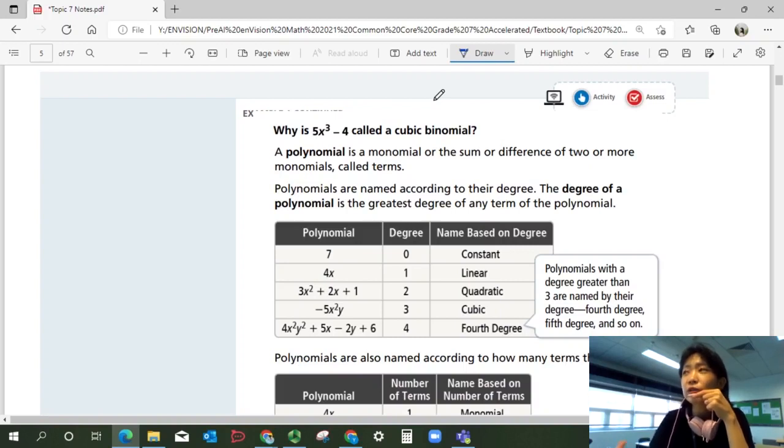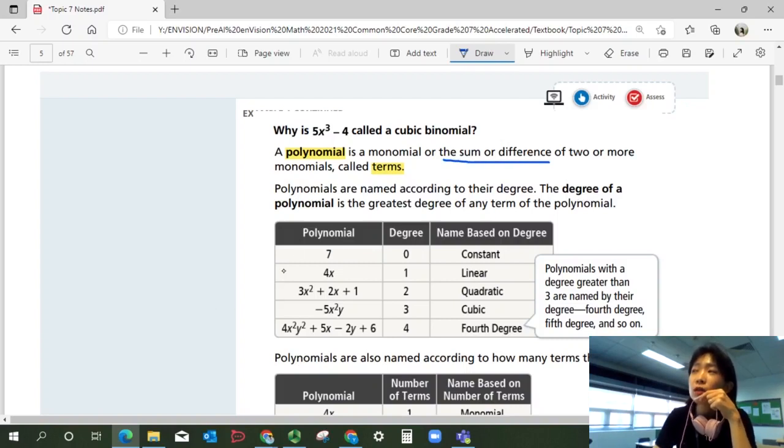Let's try to categorize our polynomials. Okay? What is a polynomial? A polynomial is a monomial, or the sum or difference of two or more monomials called terms. So you need to remember the terms and that they are separated by sum or difference.